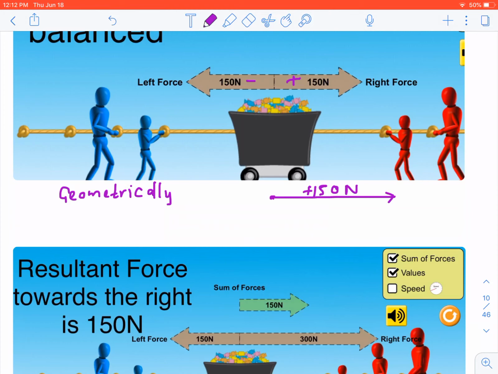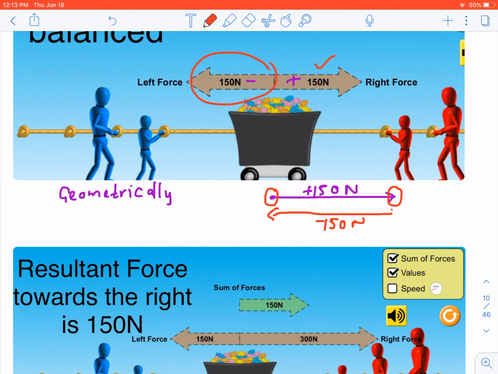So we know that there is our tail, and that there is our head. So we've represented this. Now we need to represent that, and in terms of the rule we had, we take the tail of that and bring it there, and that is minus 150 newtons.